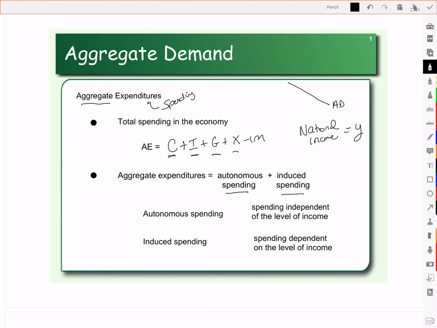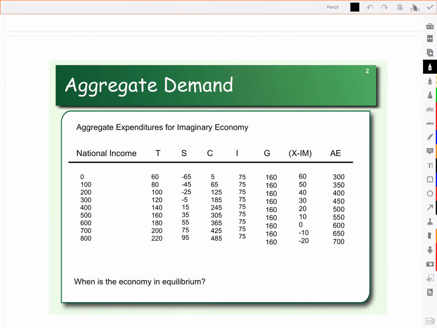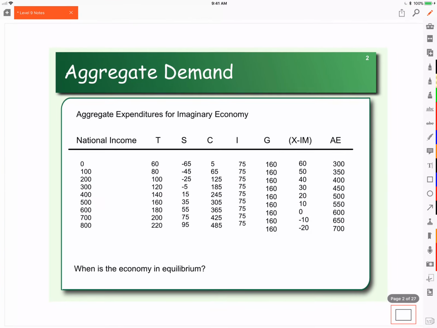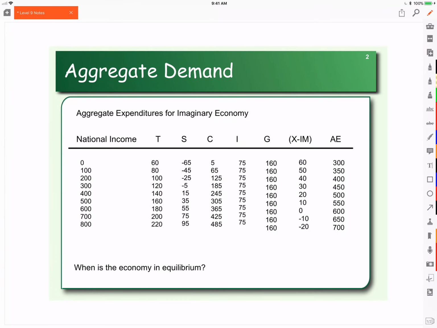So to help us understand autonomous spending and induced spending and figure out how we get to aggregate demand, let's work through an example. So we're going to work through this imaginary economy here, and here's the data for the economy. So we have national income here on the left, and we have our net taxes.